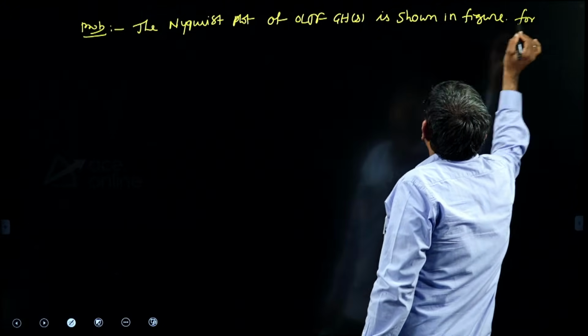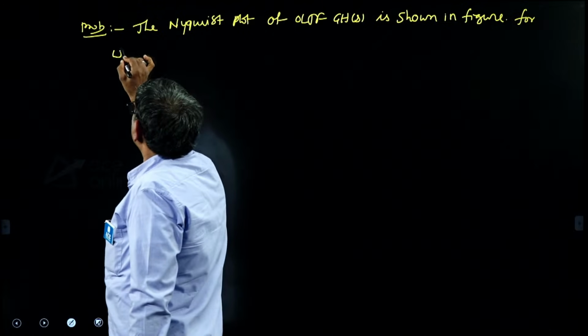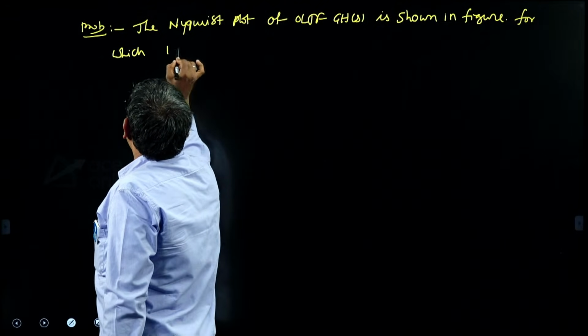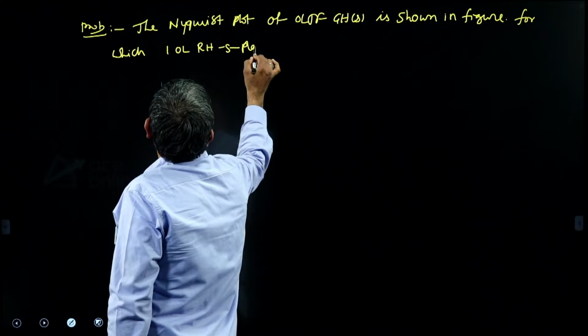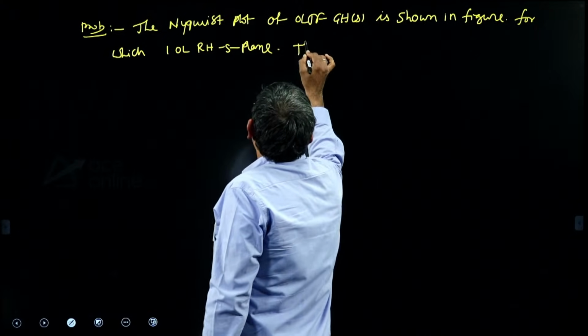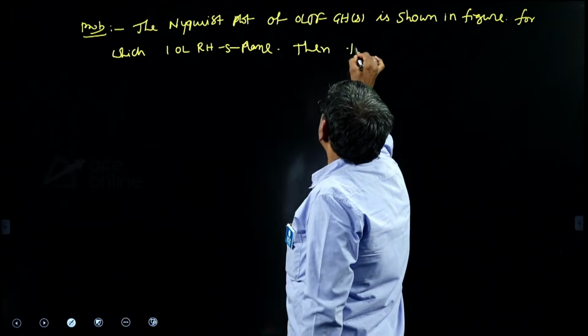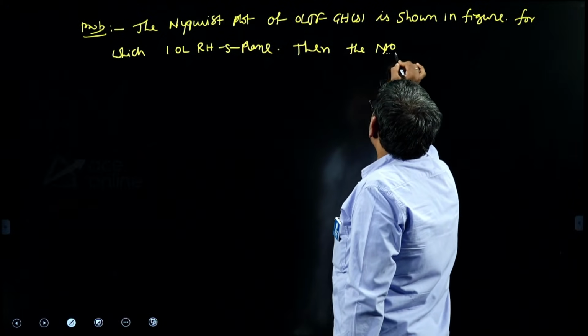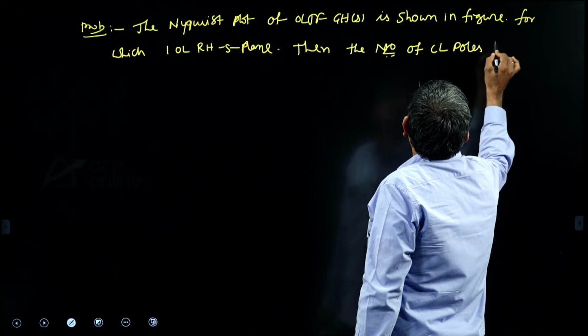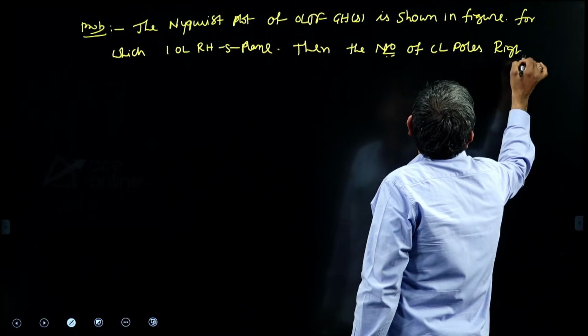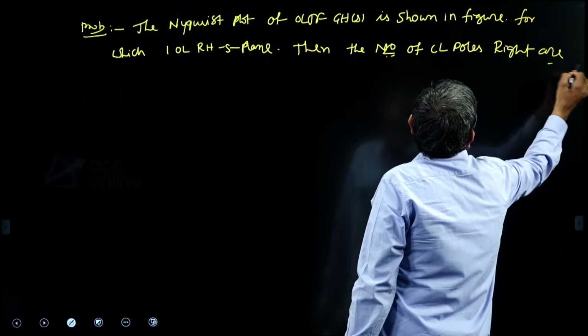For which one is the open loop pole on the right of the S plane? Then the number of closed loop poles on the right are dash.